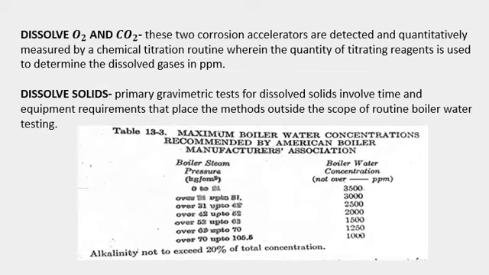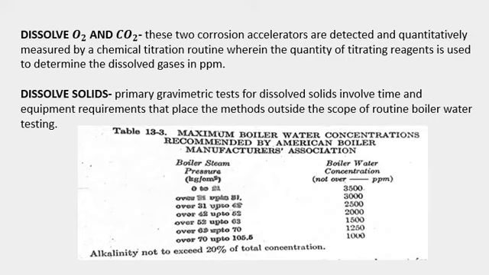Dissolved oxygen, or O2, and carbon dioxide. These two corrosion accelerators are detected and quantitatively measured by a chemical titration routine wherein the quantity of titrating reagent is used to determine the dissolved gases in ppm.